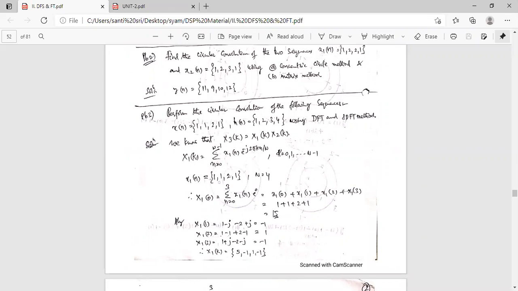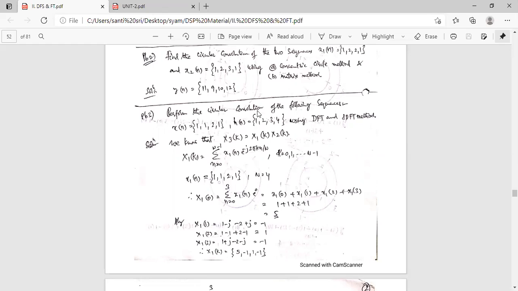By simply substituting those values, we will get x1 of 1 as minus 1. In the same manner, x1 of 2 is 1 and x1 of 3 is minus 1. Therefore, x1 of k is 5, minus 1, 1, minus 1. This is x of k, right?